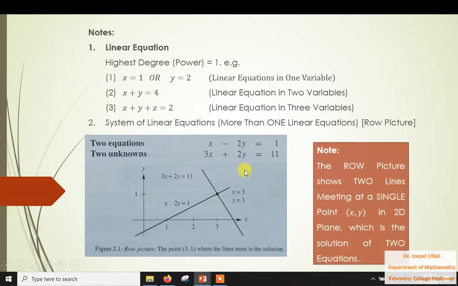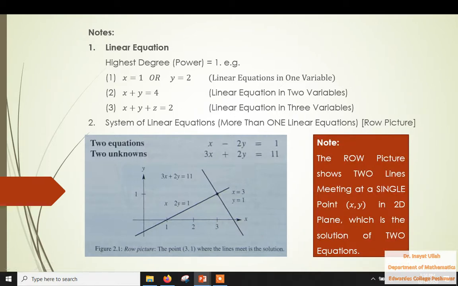Note that the row picture shows first row, second row. The row picture shows two lines meeting at a single point (x, y) in the 2D plane.